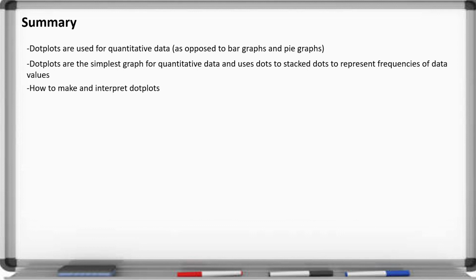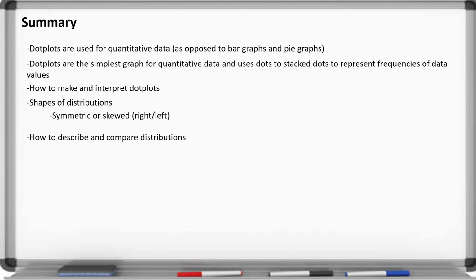We also discussed how to make and interpret these dot plots, and the shapes of distributions, such as whether it's symmetric or skewed to the right or left. Then we described and compared distributions involving dot plots. Things you can describe are the shape, center, variability, and outliers. The shape is symmetric or skewed, the center is around the average, variability is the spread, and outliers are extreme values.